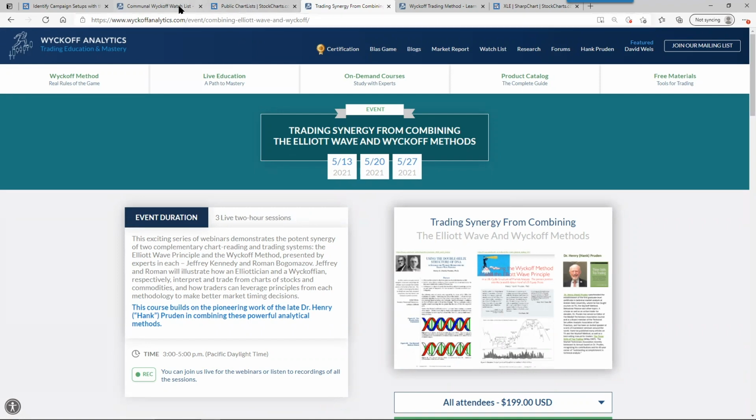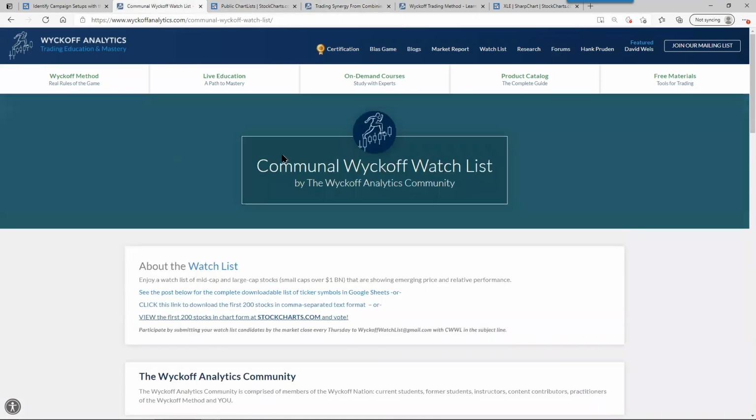All right, so also now let's talk about something else that's very cool that is absolutely free. And this is the communal Wyckoff watch list, which is on StockCharts.com. And this is a great tool for being able to look at very interesting and timely stocks. Now, who picks these stocks? These are being selected by the Wyckoff community.